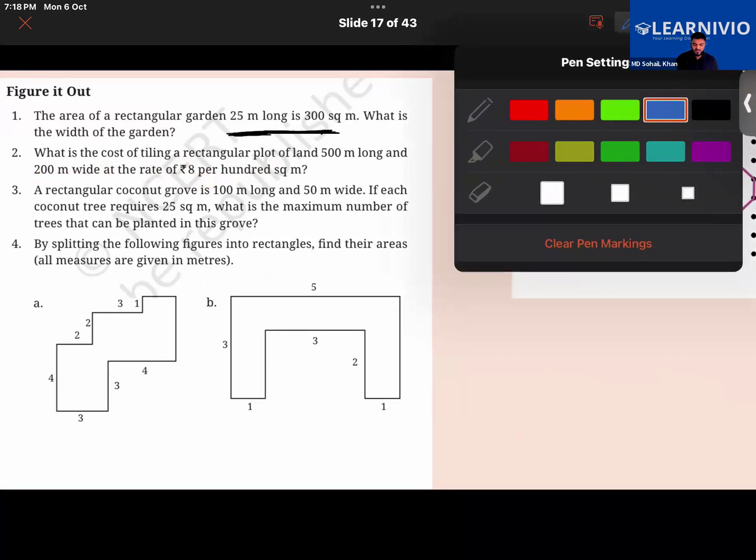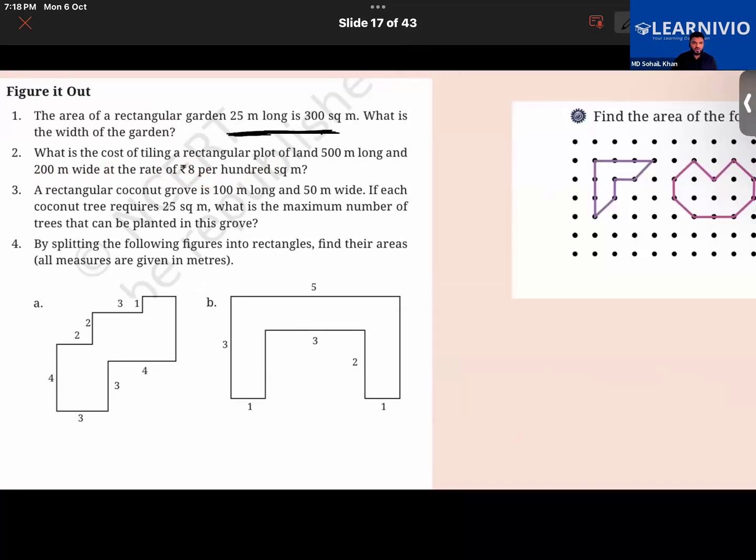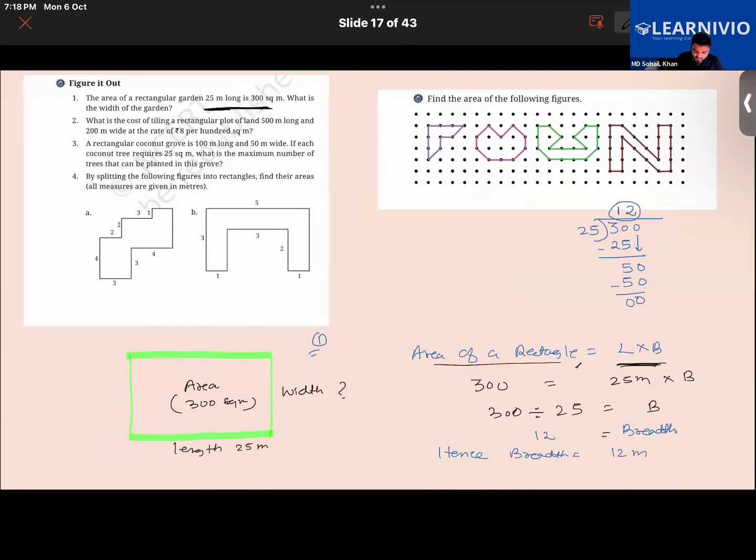Earlier I told you that the total cost can be found if perimeter is given, or if area is given. Here the second formula will be applied, that total cost is equal to total area multiplied by rate.